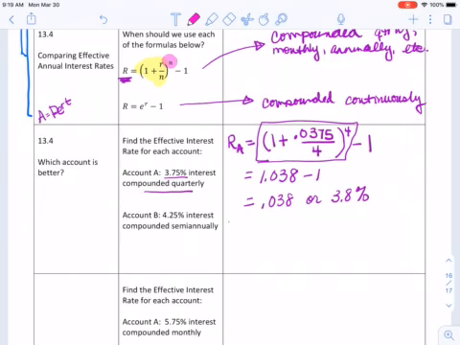Okay. For the second account, it's going to be 1 plus my 4.25% interest rate, which is going to be 0.0425. Compounded semi-annually means it's going to get compounded twice a year.